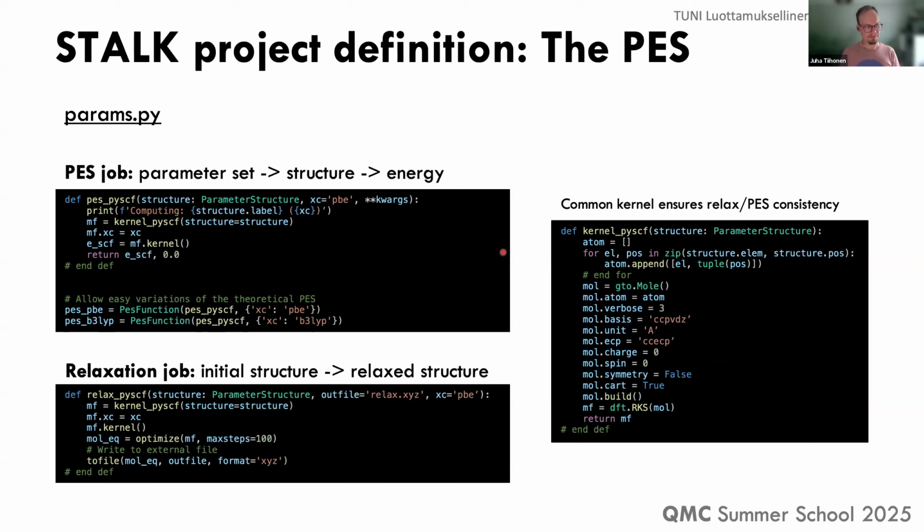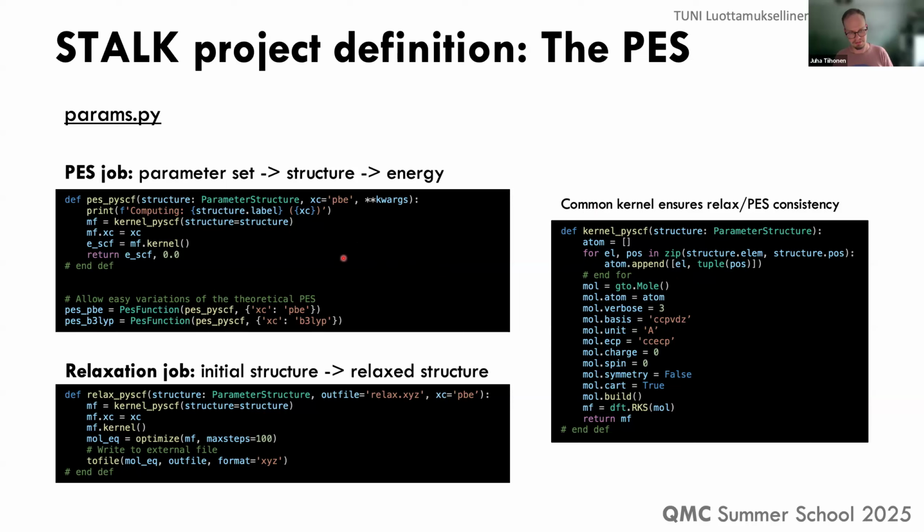Now, next we want to define the PES. That's really just a function that takes a structure, containing the parametric and the real coordinate mapping, the representation of a structure, and maps it into an energy and an error bar. Here we're using just the PySCF evaluation, whose details are given here. And it's really this simple.